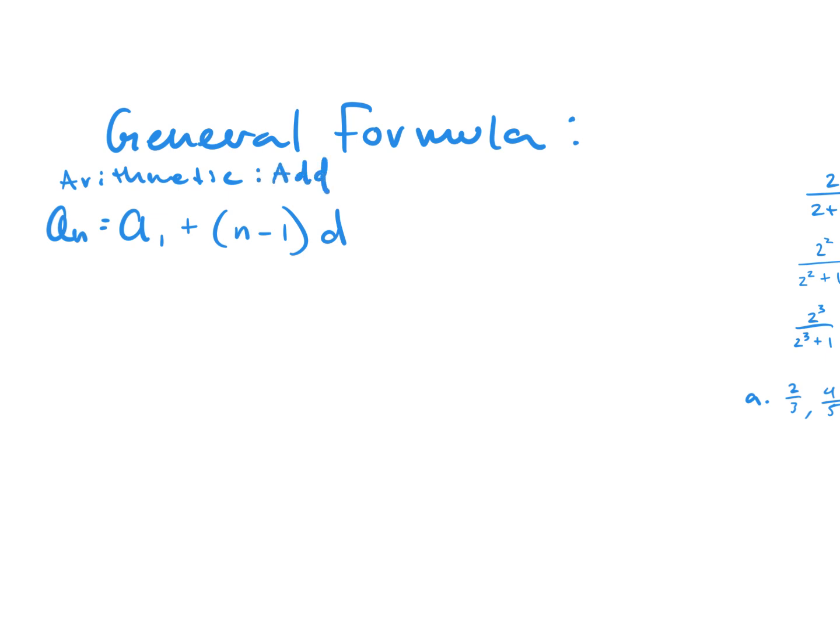Add or add a negative number, so subtract. Then we also have our formula for a geometric sequence, which is a sub n is equal to a sub 1 times r to the power of n minus 1. So geometric is when we multiply.